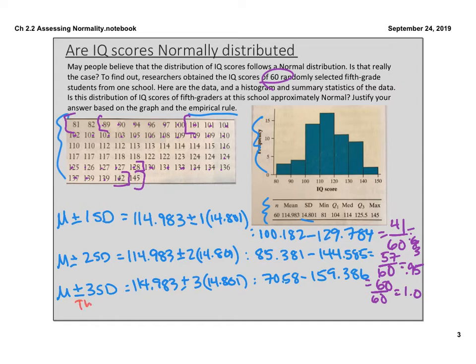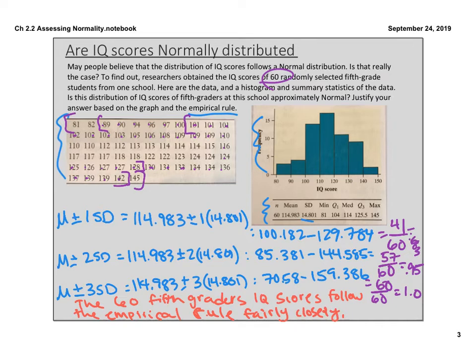I would say that the 60 fifth graders' IQ scores follow the empirical rule fairly closely.